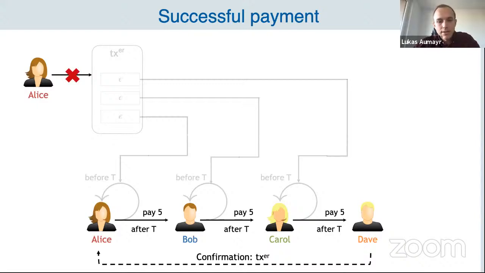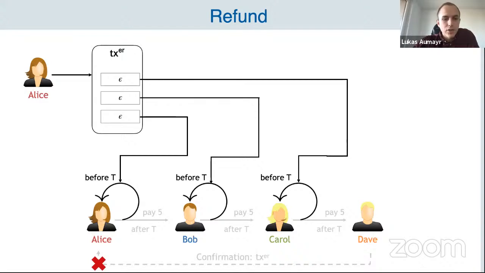And this is because Dave sent back this confirmation that assures Alice that the refund that Carol uses in the channel Carol-Dave is dependent on Alice publishing TXER. So if she doesn't publish it, that means the money will go to Dave after this time T. Right. The second case is, of course, that Alice does not receive the correct confirmation, or she does not receive a confirmation at all.